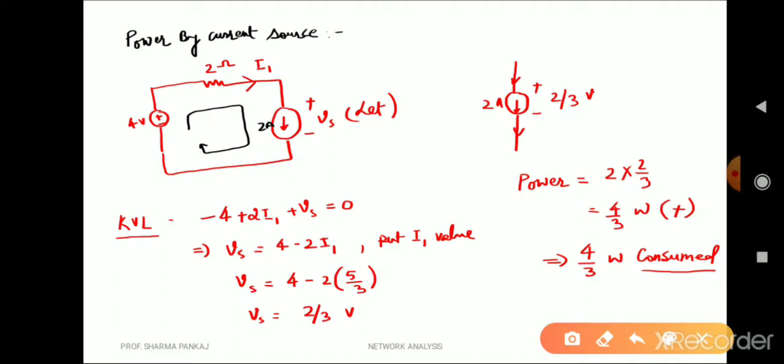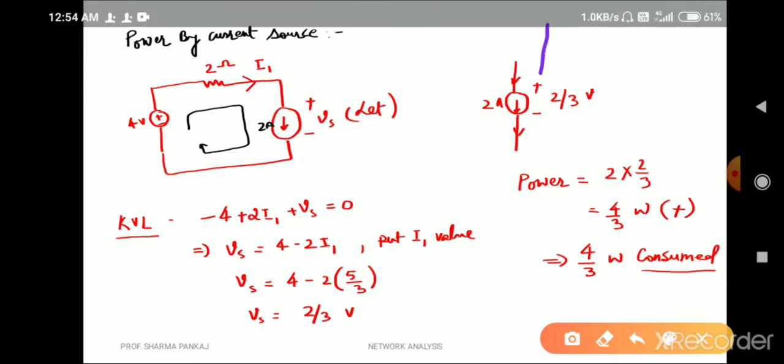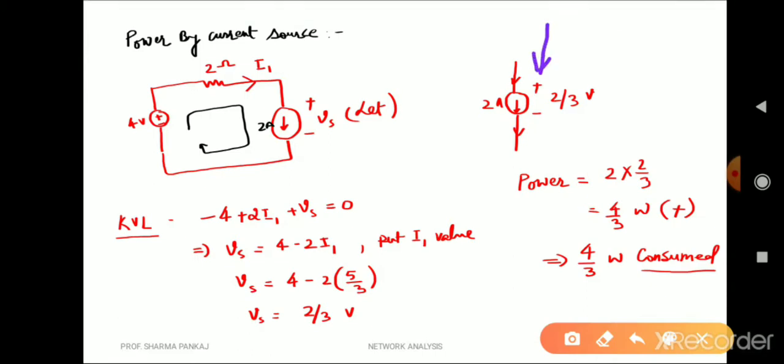Now voltage is known and current is known, so it is very easy to calculate power. V into I will be equal to power. So power is equal to 2 into 2 by 3, and just see here, this current is entering the plus terminal, so power is plus, and the plus sign denotes that it is being consumed.